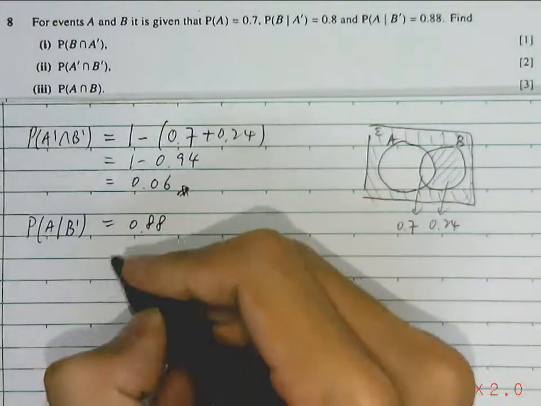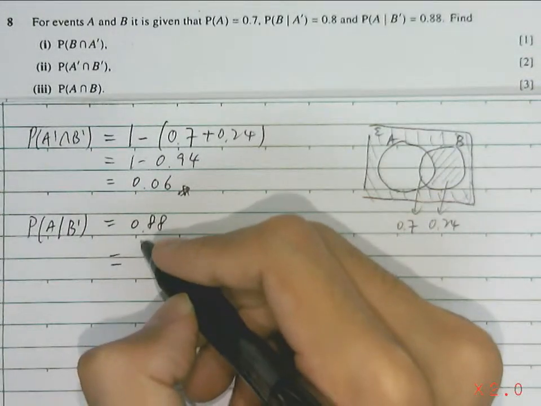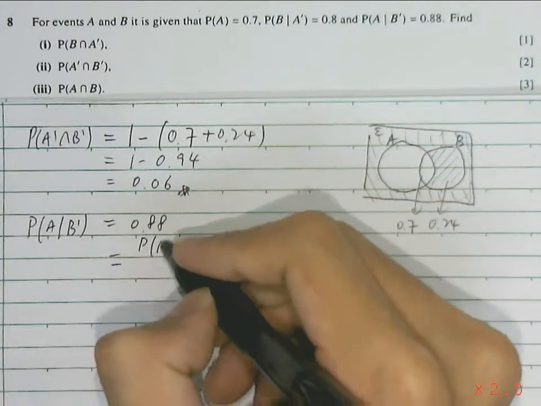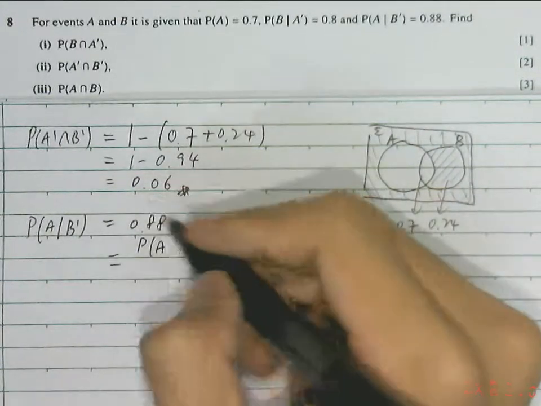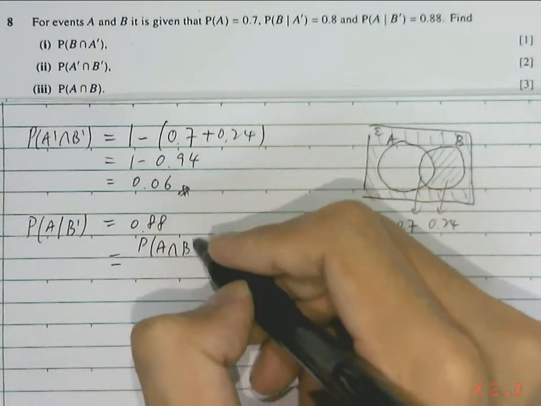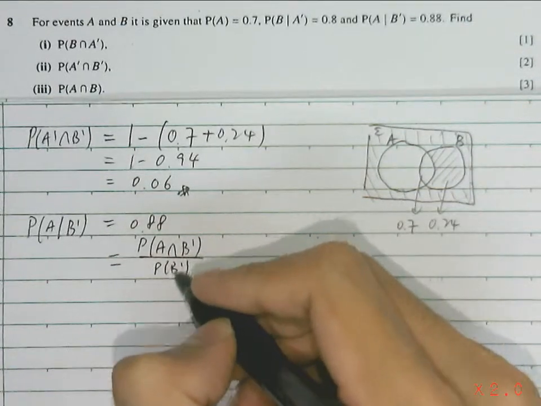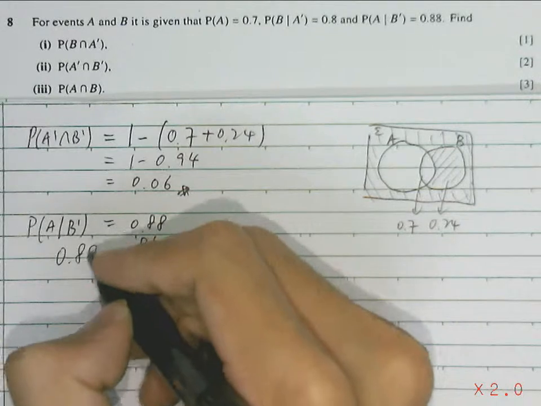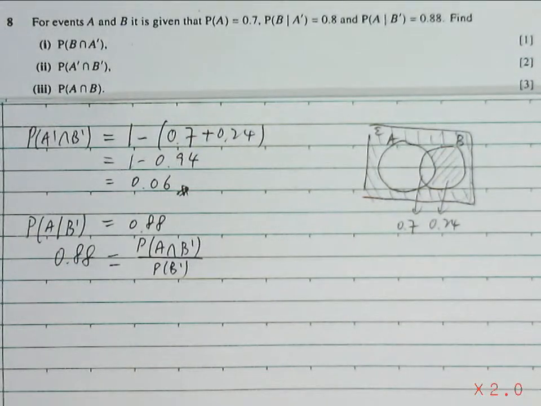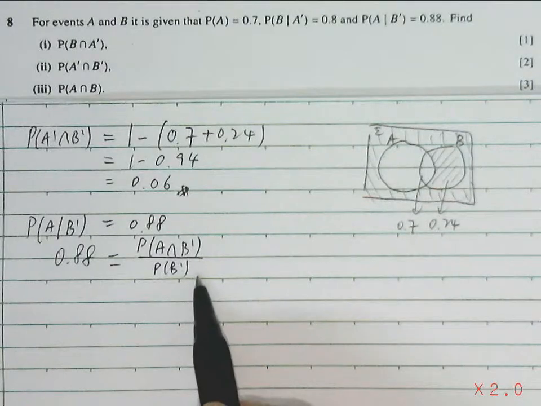Alright, so by expanding out this conditional probability, we have the probability of A intersecting B complement over the probability of B complement is equal to 0.88. Alright, now this requires strong concept as well.